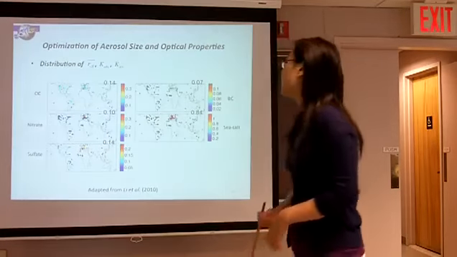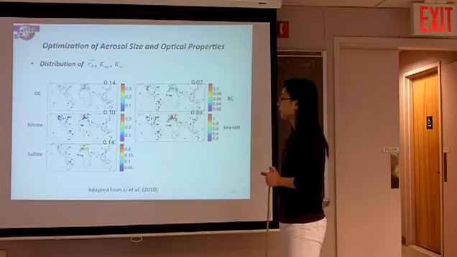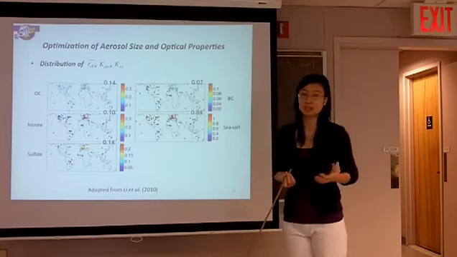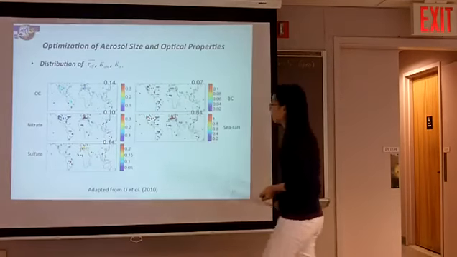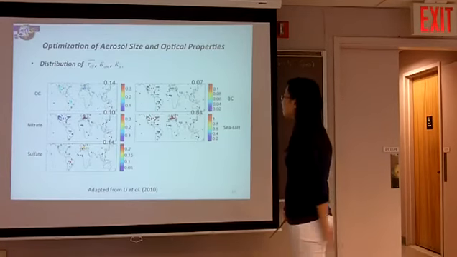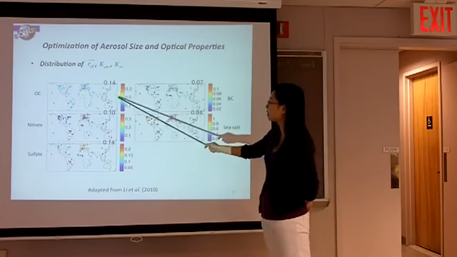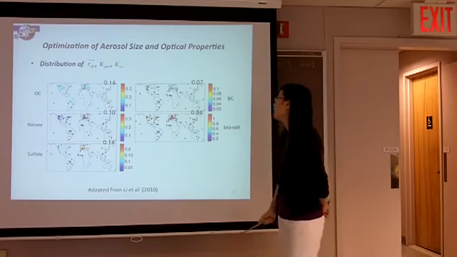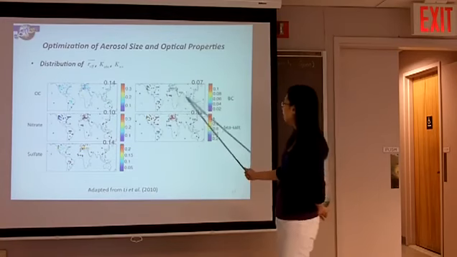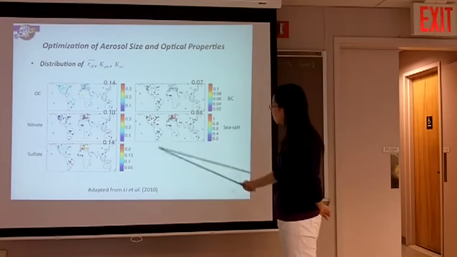So the maps here show the distribution of the fitted sizes and the fraction of absorbing and scattering aerosols. Mostly we need to decrease the size of organic carbon from 0.3 to 0.14 microns, and then also decrease black carbon, nitrate, and this one's sea salt.